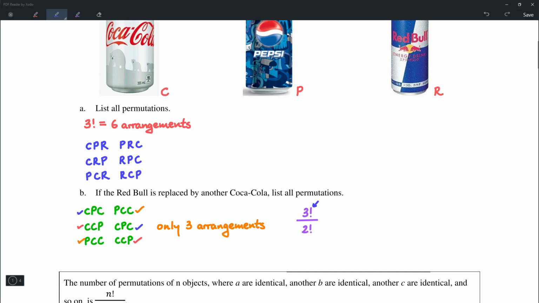So again, that is 3 cans, but 2 of them are the same. So if we were to evaluate this, we have 6 over 2, which gives us, once again, 3 arrangements.